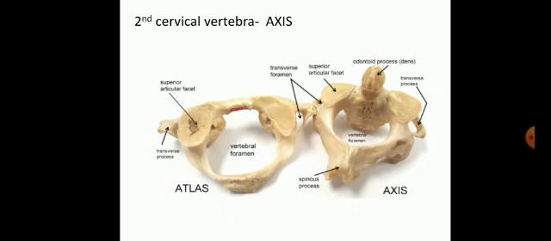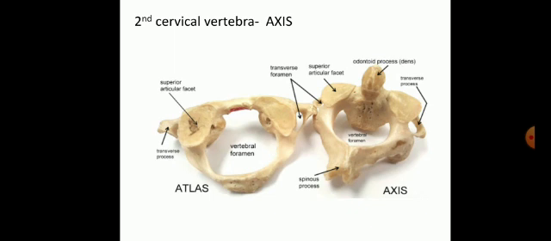The second cervical vertebra, or the axis, is typical in its lower part, whereas in the upper part it presents an upward projection called the odontoid process or dens, which is going to articulate with the atlas to form the median atlantoaxial joint, which is a pivot joint. And the spine of the axis is massive, short, bifid.